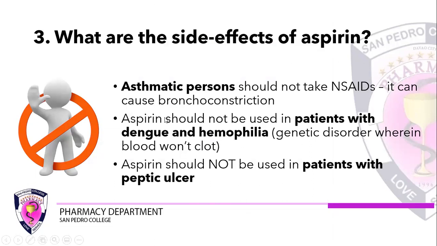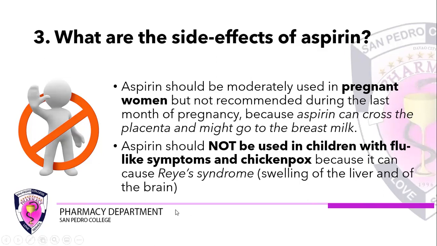Next, aspirin should not be used in patients with dengue and hemophilia because it's an antiplatelet agent, so the condition will worsen. Next, aspirin should not be used in patients with peptic ulcer, once again because it is non-selective, so it can affect the formation of the protection of our stomach linings.